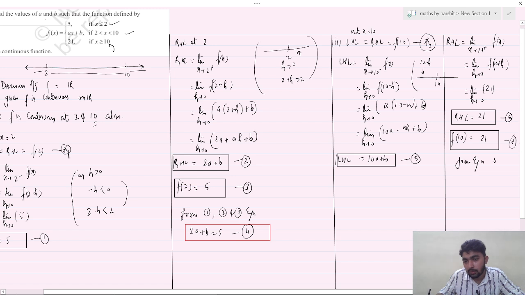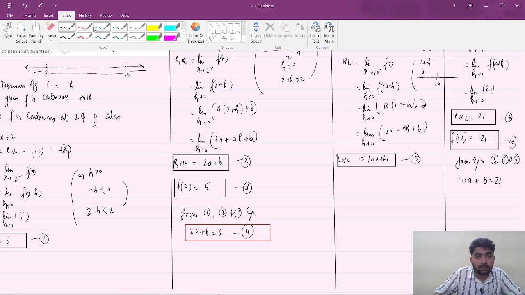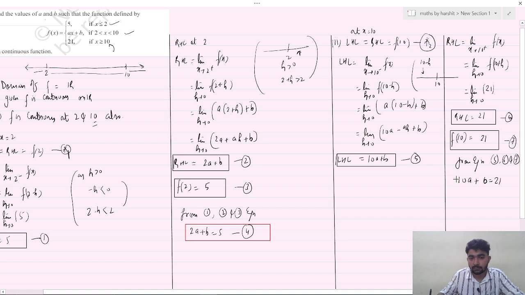So from the 5th, 6th and 7th equations, we have 10a plus b equals 21.